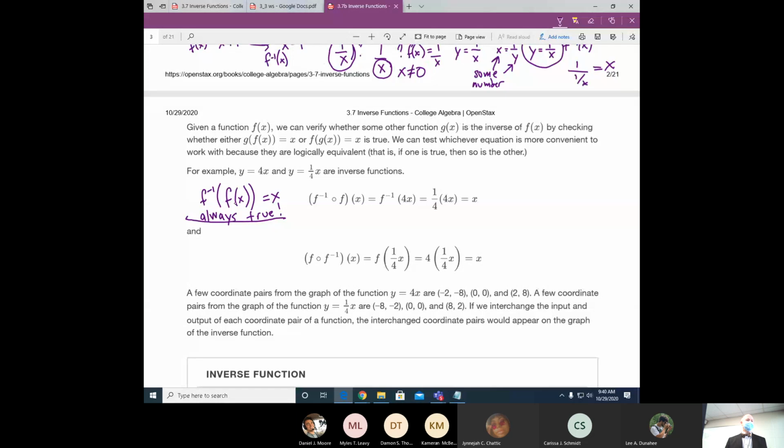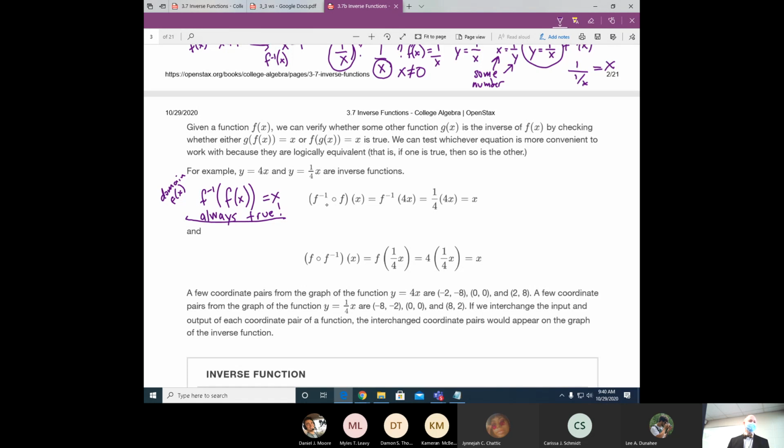But remember, it will always follow that the domain of f of x has to be respected. So if f is 1 over x, this will always be true, but it always depends on what the domain definition is for f of x.